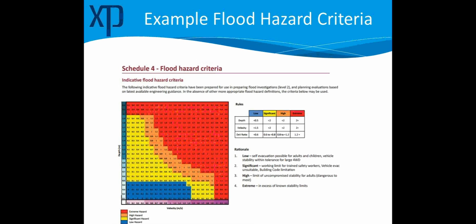So one example from the Queensland Reconstruction Authority guidance is this table here showing flood hazard criteria. So this gives an indication of at what depth and what velocity of water we exceed certain hazards. So we have a low, significant, high and extreme hazard, and this combines the depth and velocity and tells us whether it's safe for vehicles, cars and so on to actually be in flood water in certain conditions.